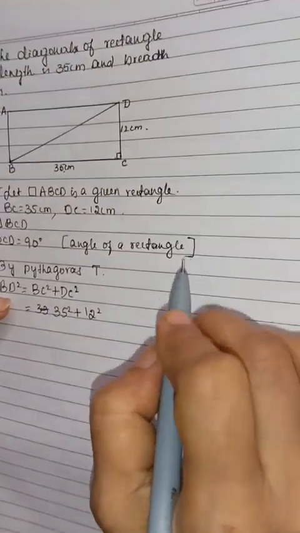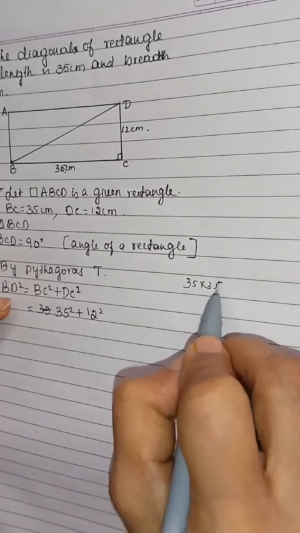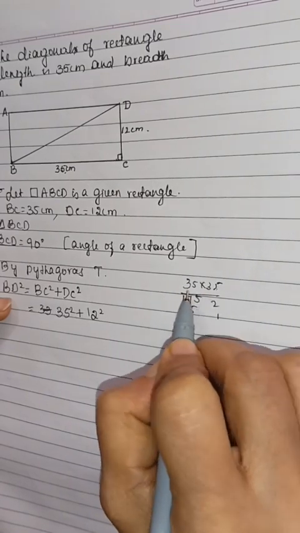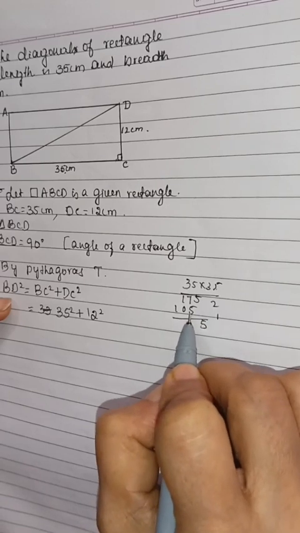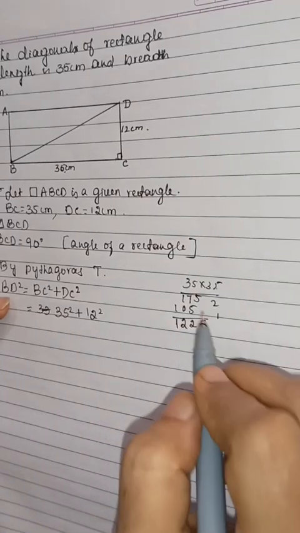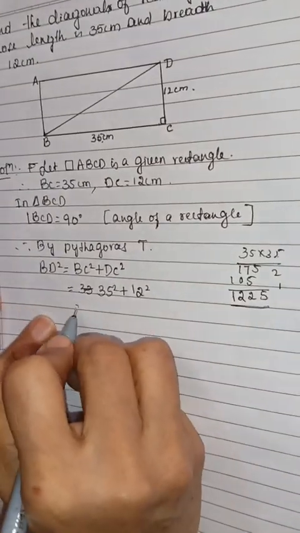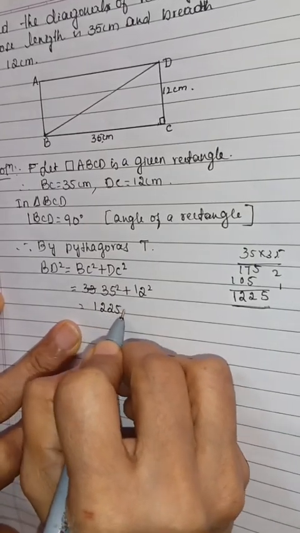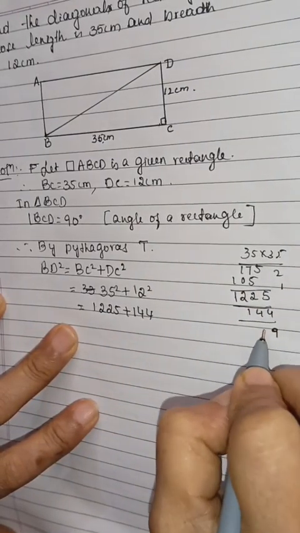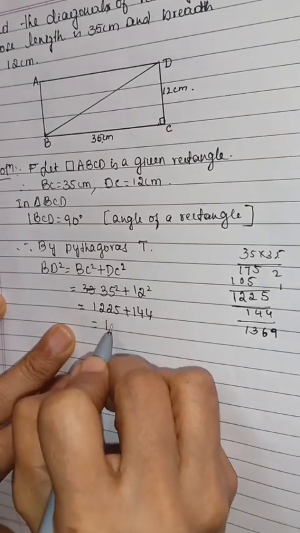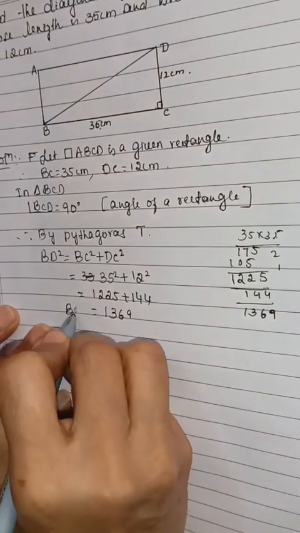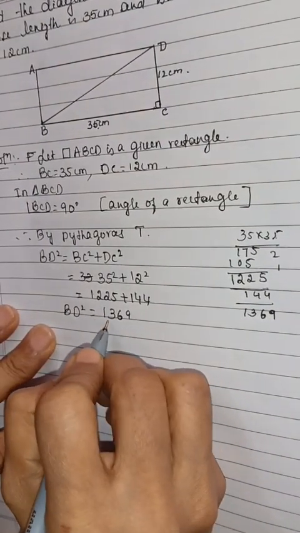So 35 into 35 is 1225, plus 144. That is 1369. BD square is 1369.